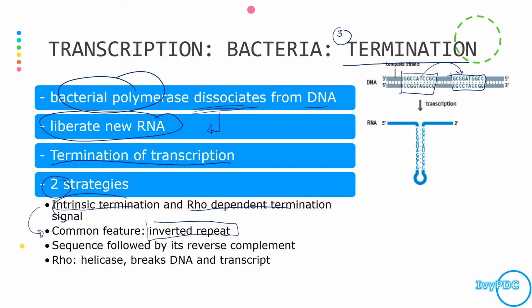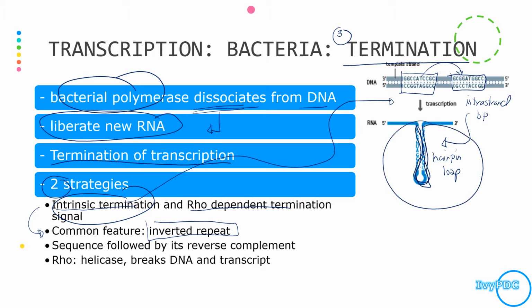In the intrinsic termination, these inverted repeats would cause the formation of intrastrand base pairing, and this base pairing would cause the formation of a hairpin loop. Now this hairpin loop, once formed, will start the termination sequence. We also call this the intrinsic terminator.